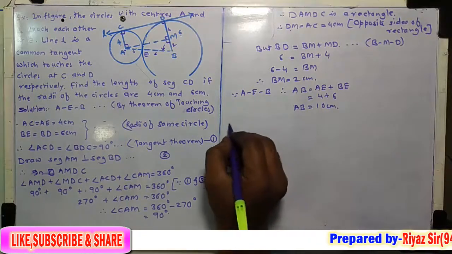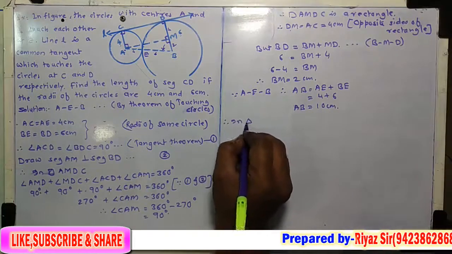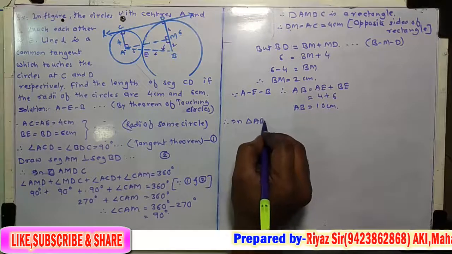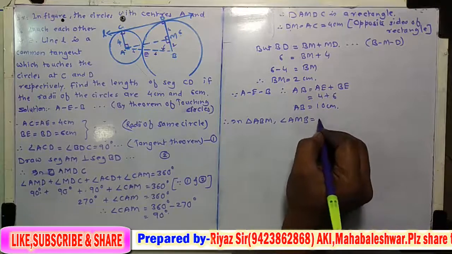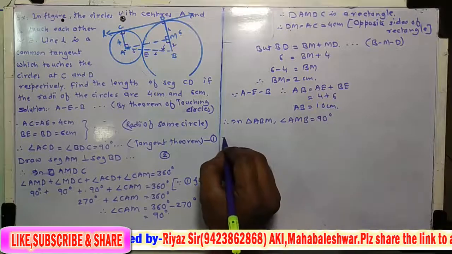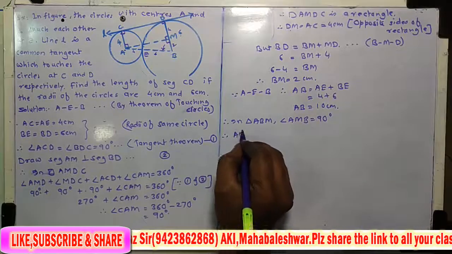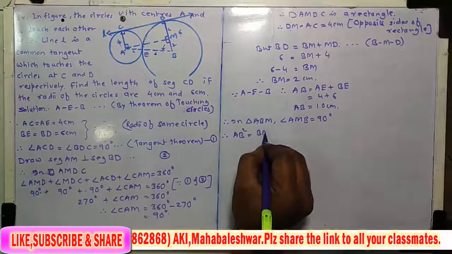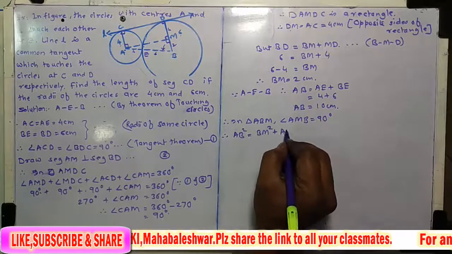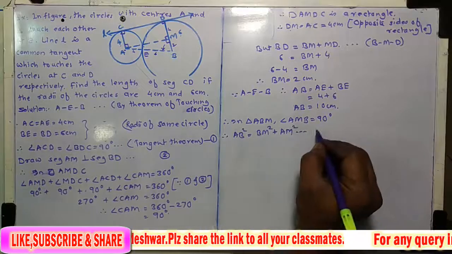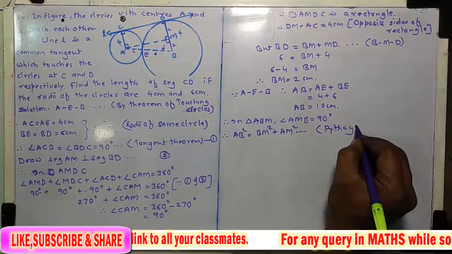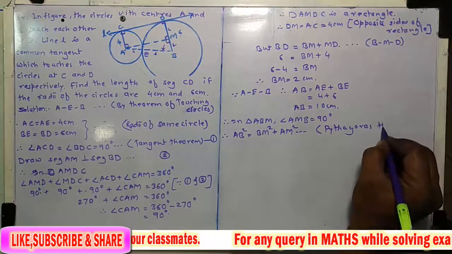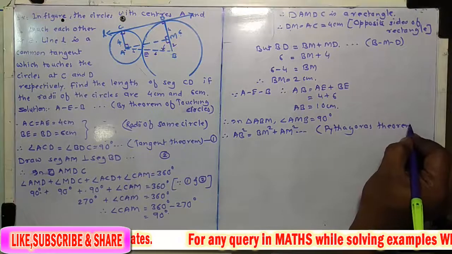Okay, and therefore in triangle ABM angle AMB is equal to 90 degree. Therefore AB square is equal to BM square plus AM square. Right? Reason is by Pythagoras theorem, because it is a right angle triangle, right? And in a right angle triangle we can apply Pythagoras theorem.